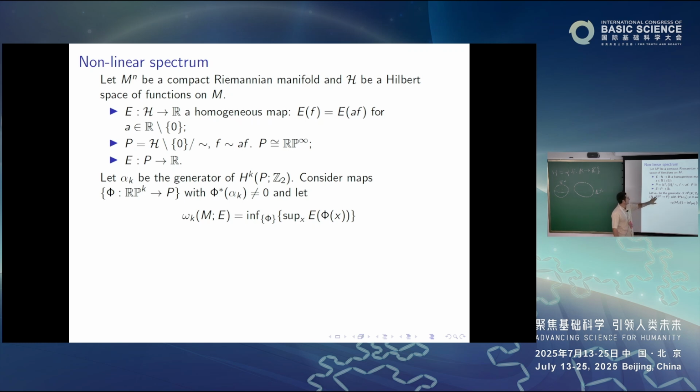And you can consider the non-trivial map that detects this cohomology class, and you can define the following minimax quantity. You consider all of these non-trivial maps from RPk into RP infinity, and you try to make the maximum of E as small as possible. You push it down.